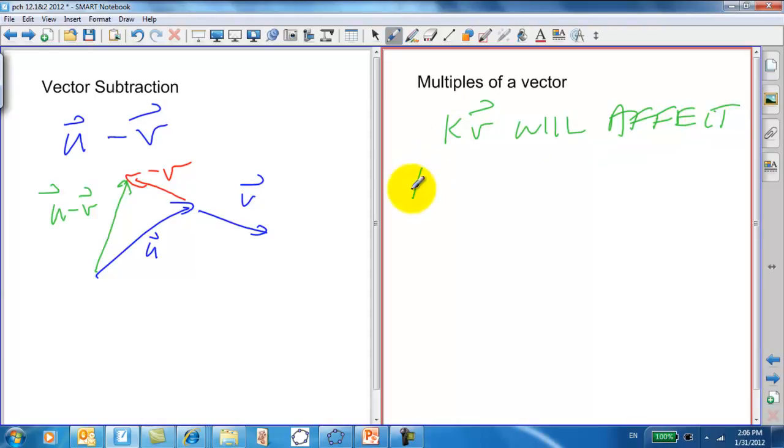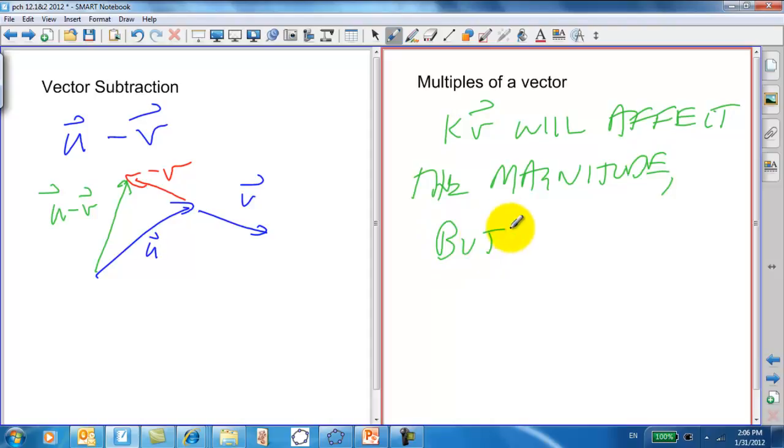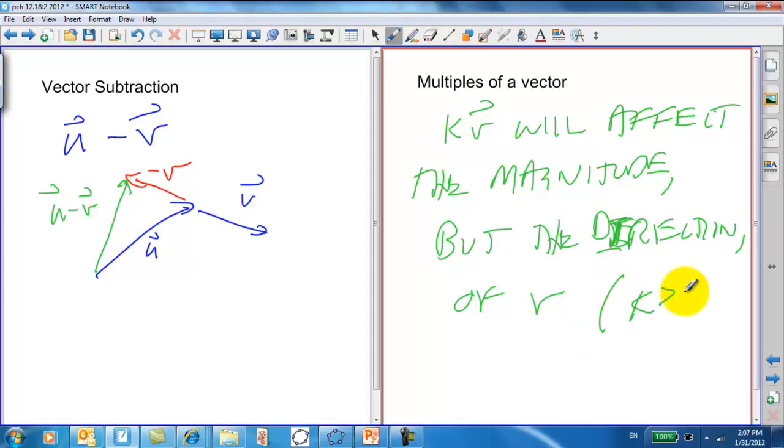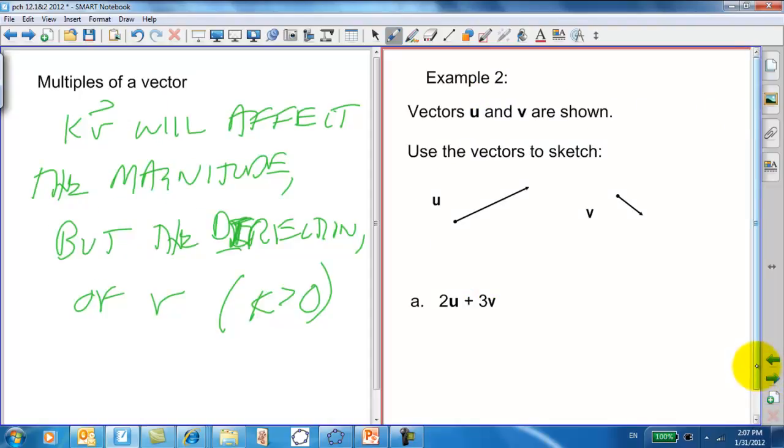KV will affect the magnitude, but not the direction of V, that is, if K is greater than 0. If K is less than 0, you're going to end up sending it in the exact opposite direction, like we saw with the subtraction. Okay, now we're going to use vectors U and V in here to do some sketches.